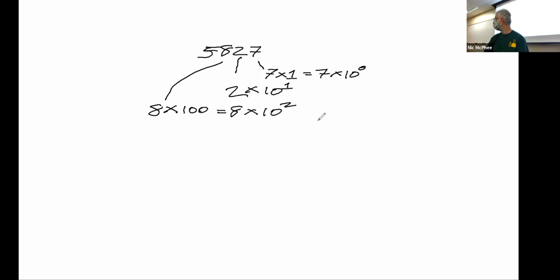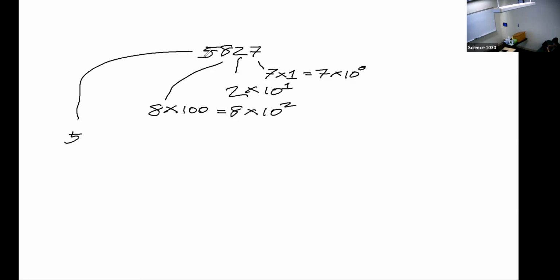Okay, with me? And then the last guy over here, so this was 5,827. So we have 800s, we have 5,000s.